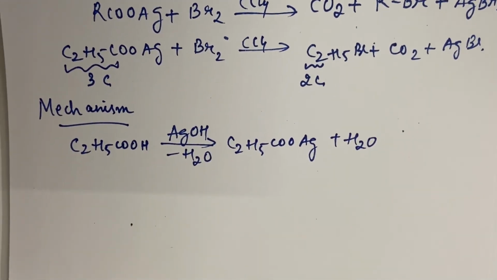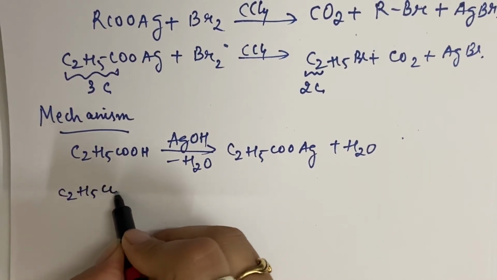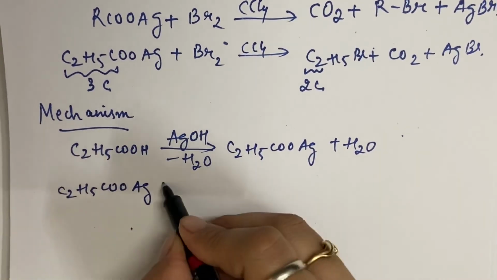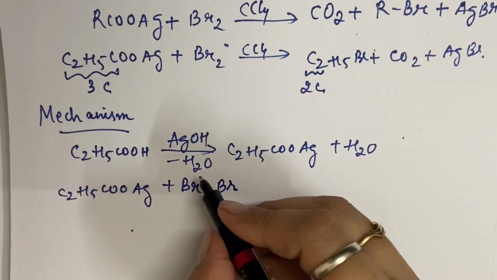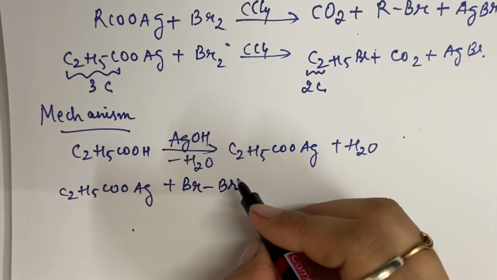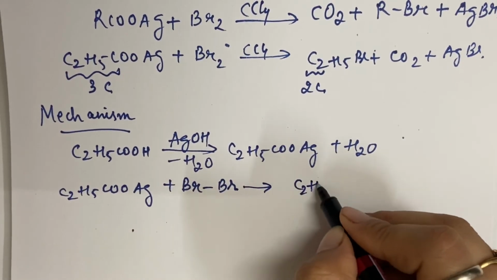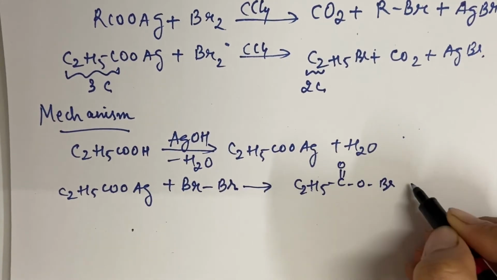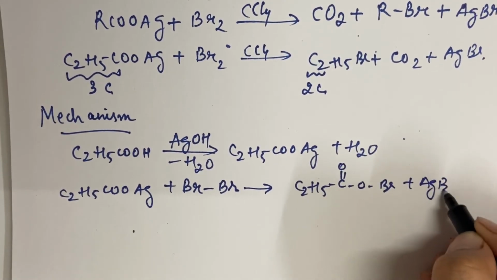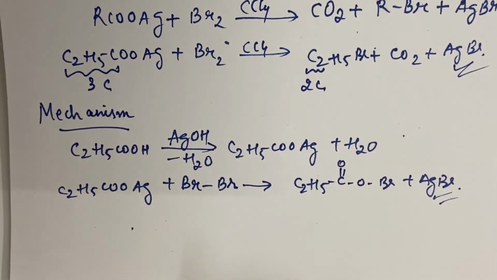And then what will happen? Then this C2H5COOAg will react with Br2. Here there will be homolytic cleavage of Br2. It will form C2H5COOBr plus AgBr. AgBr was also one of the products. So that is why we have obtained AgBr.